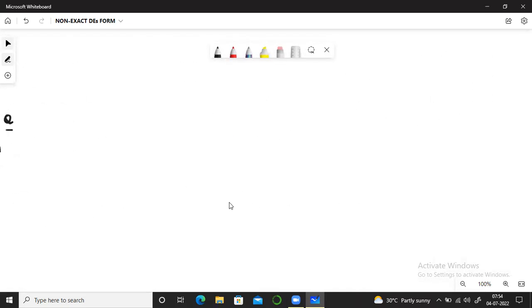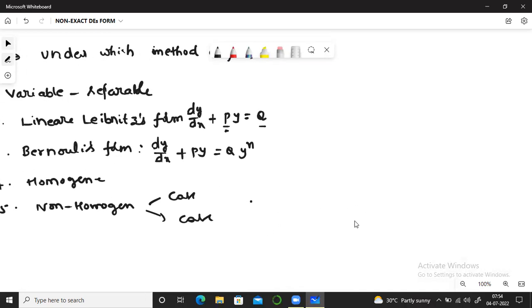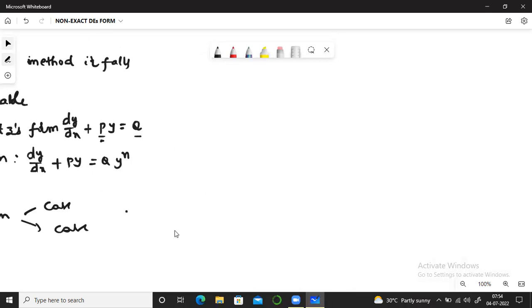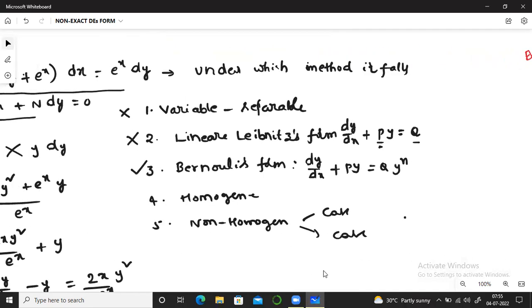So here I will take the same equation. The question is this, right? I repeat, now the same question I am doing by using Bernoulli's form, because the question is also having Bernoulli's form hiddenly.